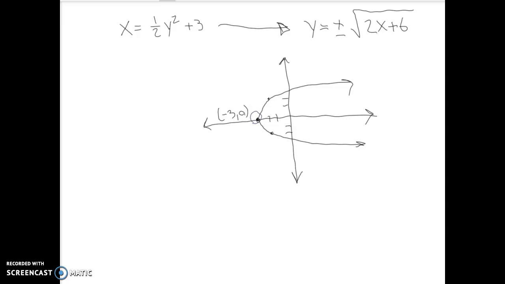But for every other input in the domain, there are 2 different outputs. We're going to learn about something later on called the vertical line test. You can see here that a vertical line can be drawn through 2 different parts of the equation right here. So this is not a function, but we'll explore this property more in another section.